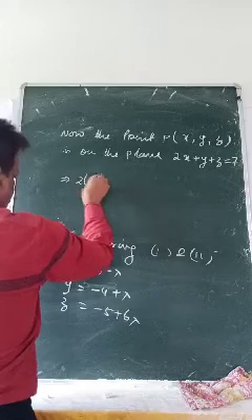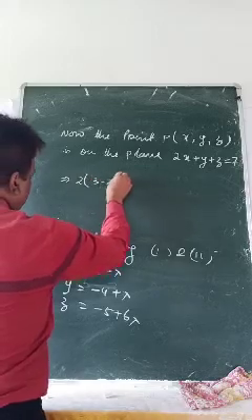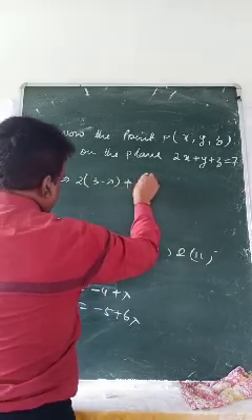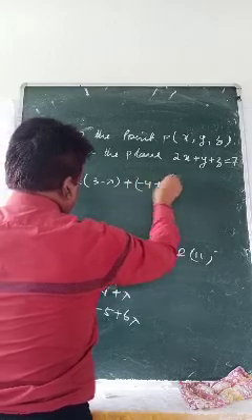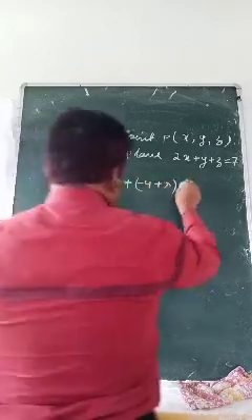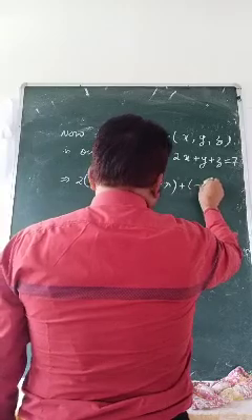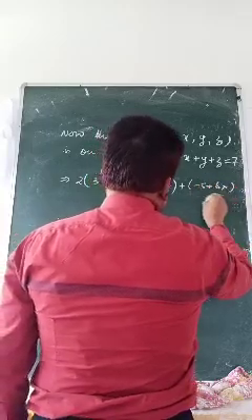This implies 2 into (3 minus lambda) plus (minus 4 plus lambda) plus (minus 5 plus 6 lambda) equals 0.